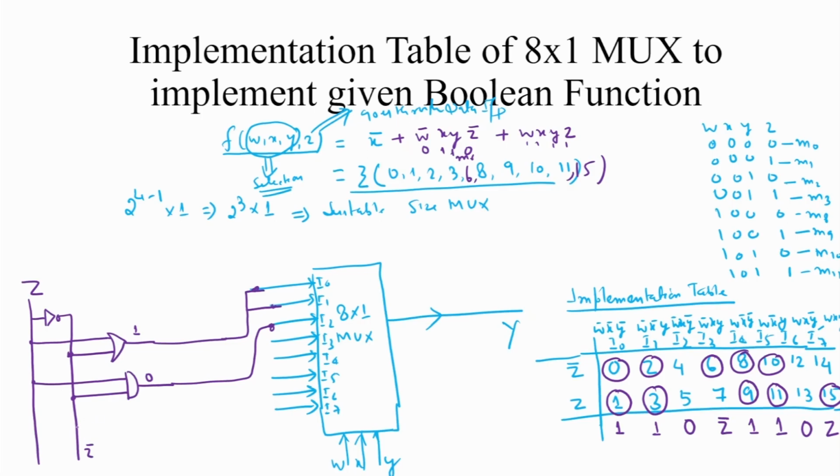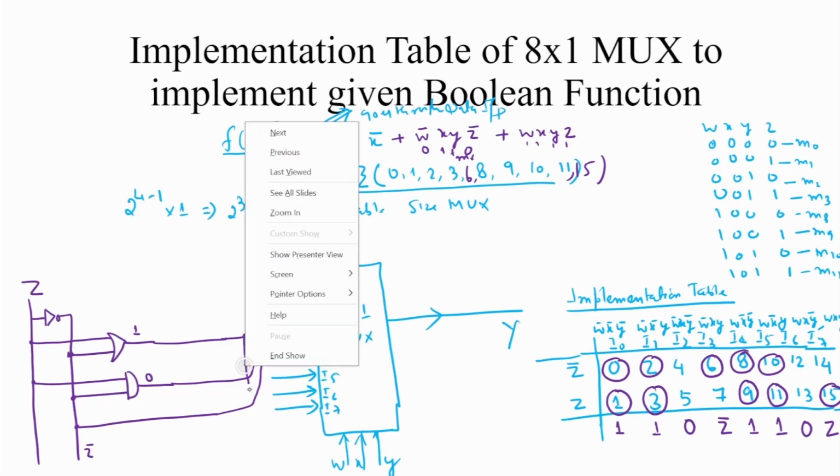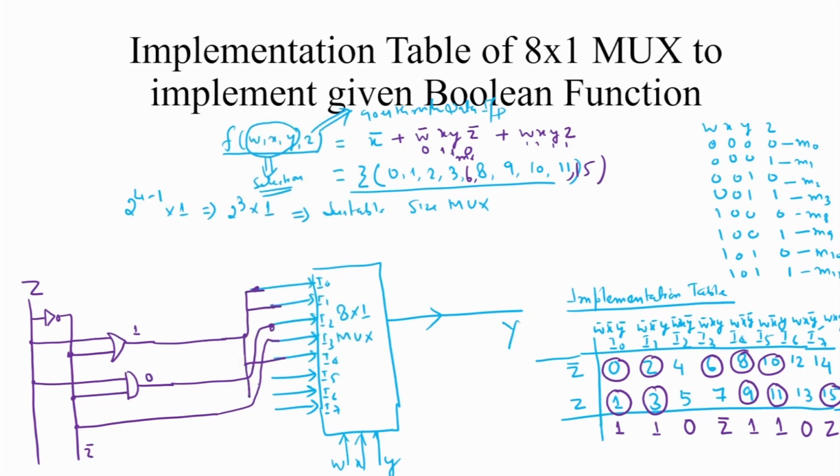Then I4 is 1, I5 is also 1, then I6 is 0, the 0 is connected from here, and then I7 is Z, Z is supplied from I7.